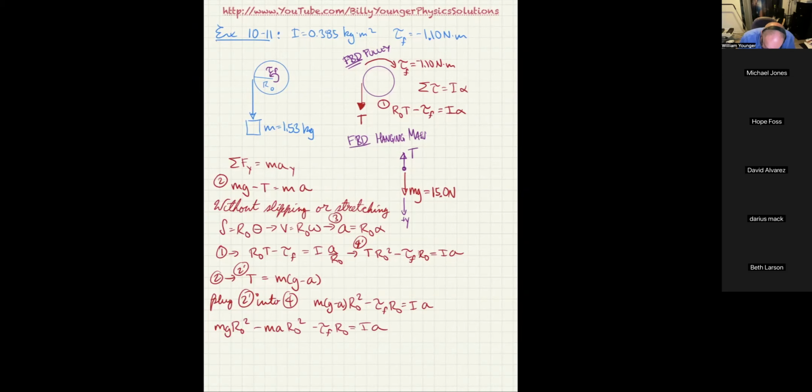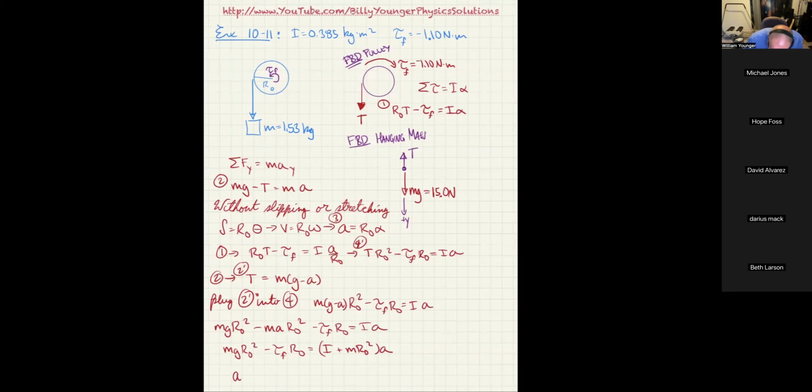So I'm going to write mg r0 squared minus torque due to friction times r0 is equal to (I plus m r0 squared) times A. Notice I did some factoring out to make it easier. I pulled the ma r0 squared to the right hand side. That made it positive, and I had IA plus ma r0 squared, so I just factored out the common A.